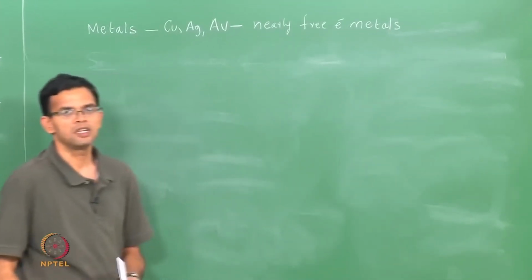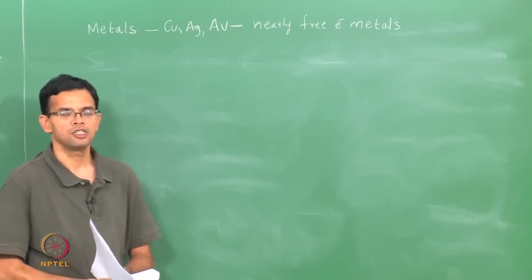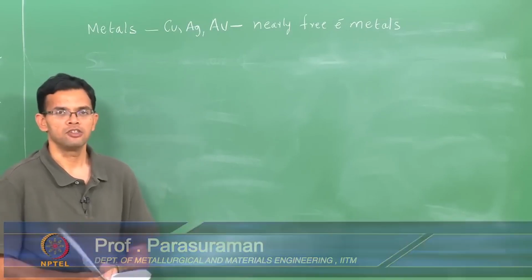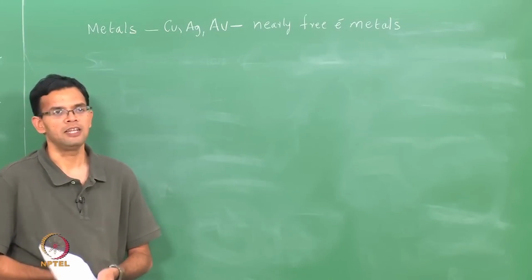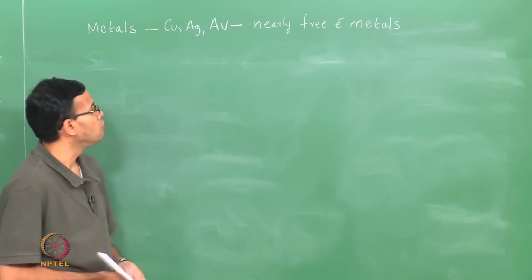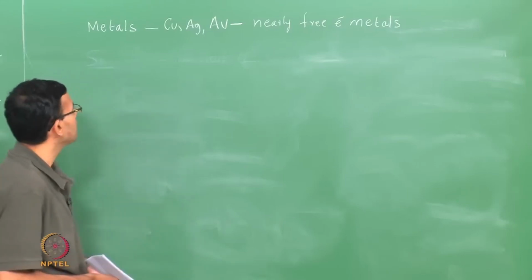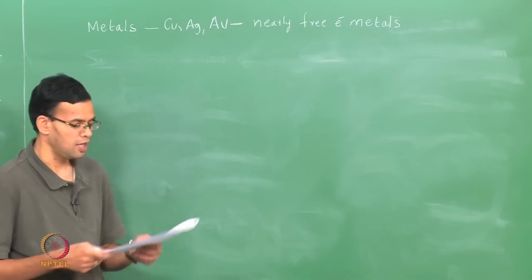In this, we can describe the behavior of electrons in them, typically the valence electrons, by a nearly free electron model. This means that these electrons do not see the influence of the nucleus, they are delocalized and they are free to move through the entire metal. In such a case, we would expect ME star and MH star to be close to 1, and that is what we get.